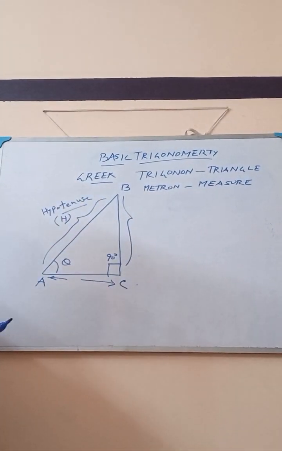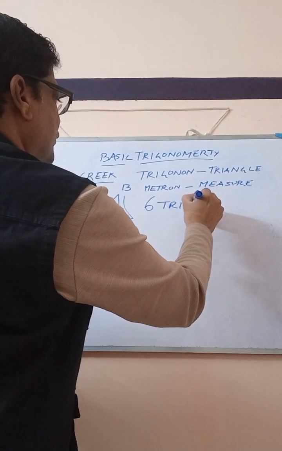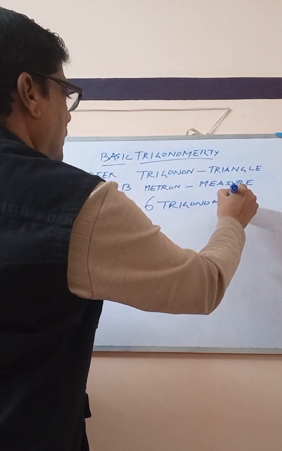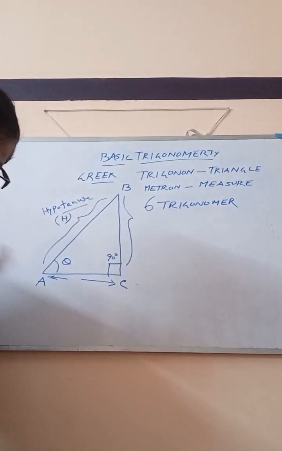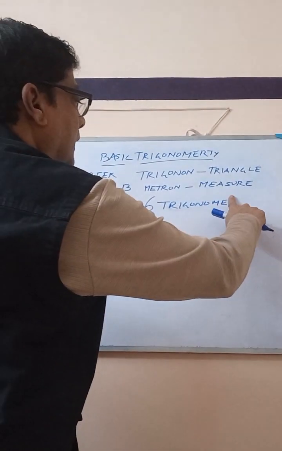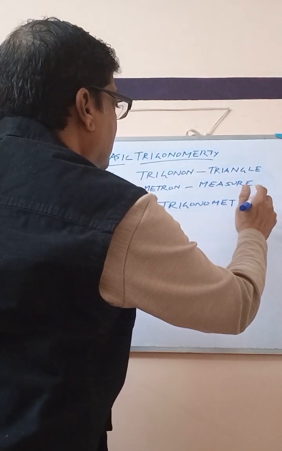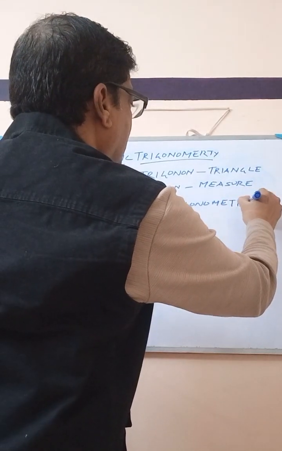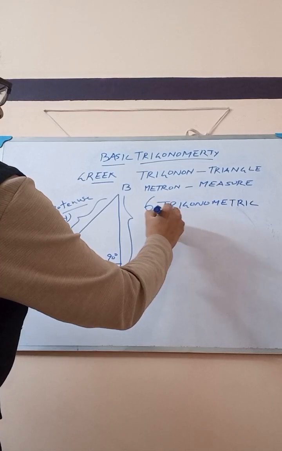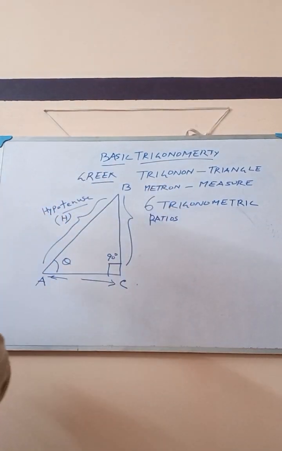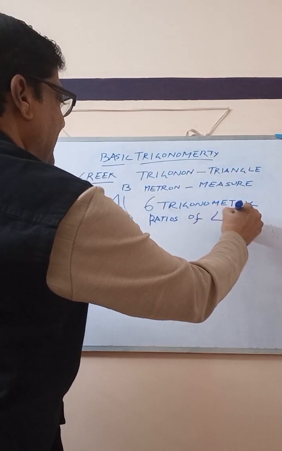Now we will learn about six trigonometric ratios of angle theta.